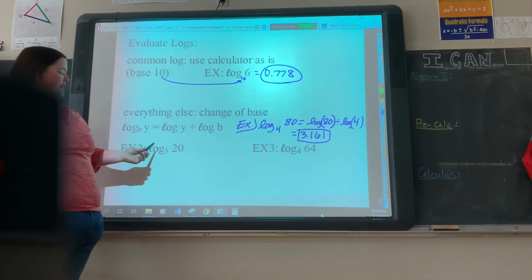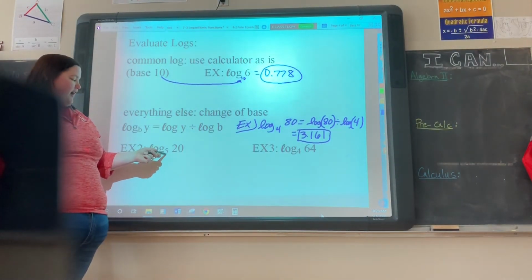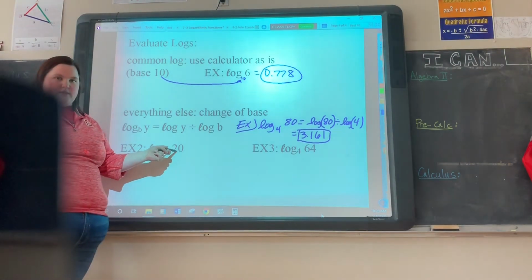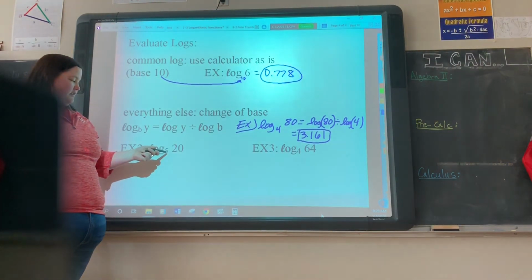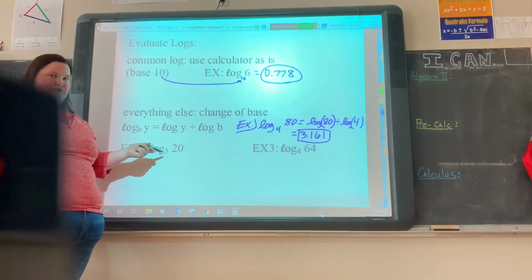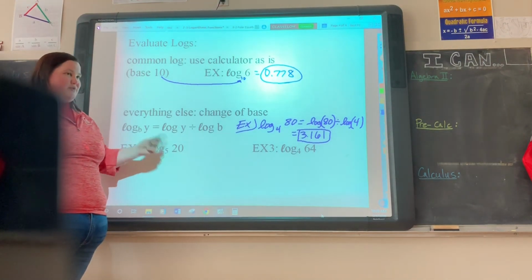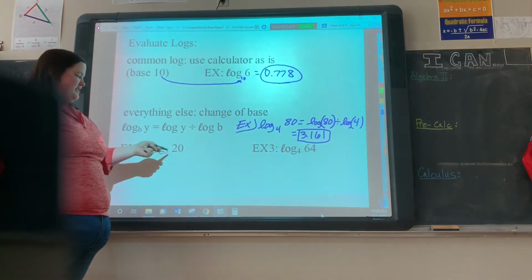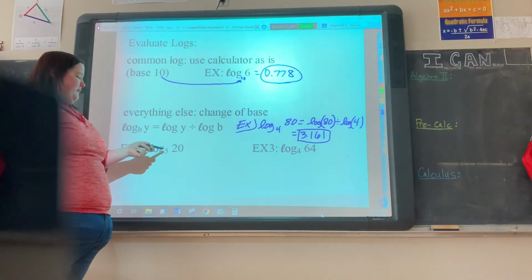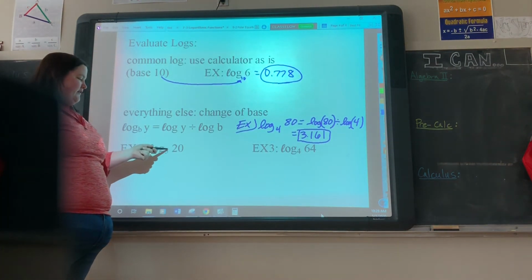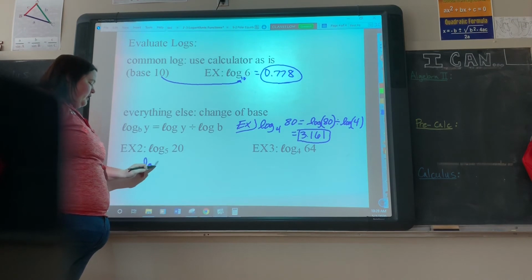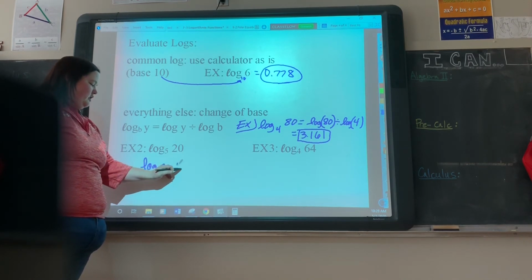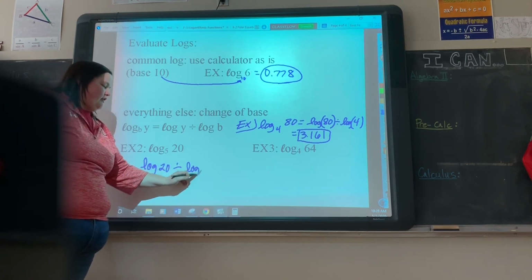Here, what it's asking us to do is find the exponent we put on 5 that would equal 20. I know it's going to be close to 2, because 5 squared is 25. But we're going to find the exponent we put on 5 to get to 20. The way I would type that in is log of 20 divided by log of 5.